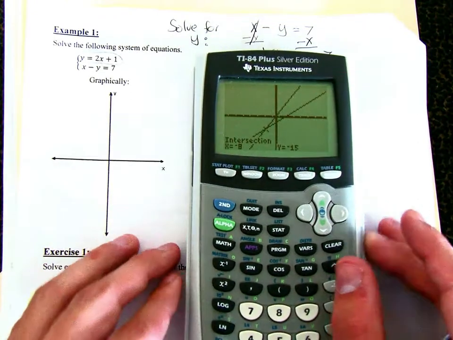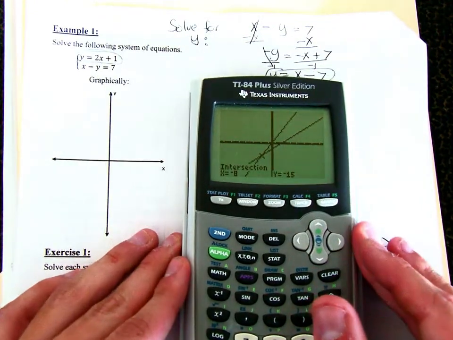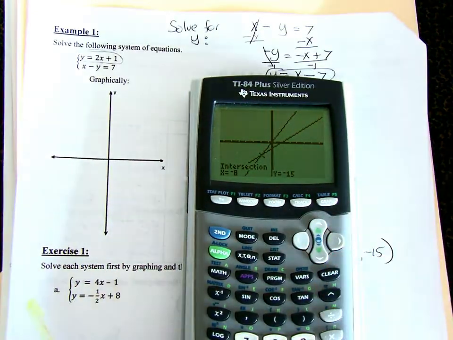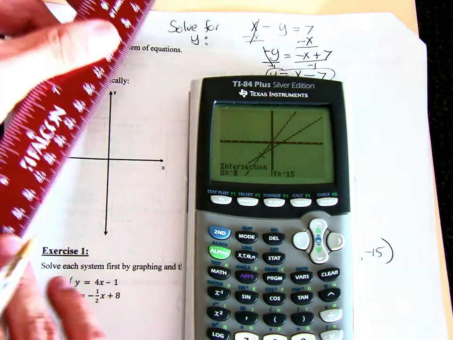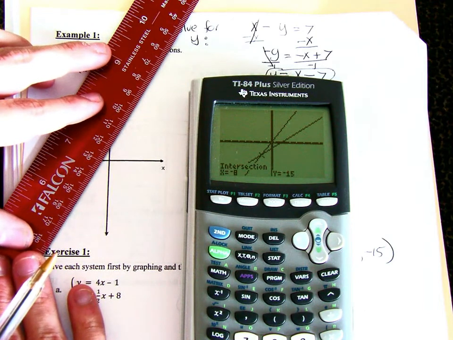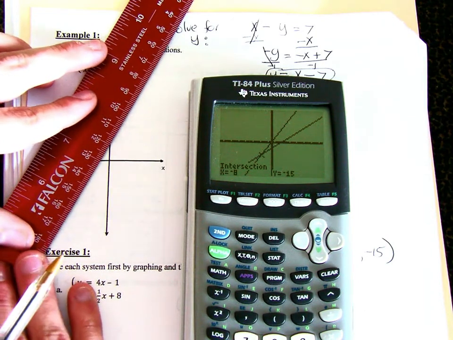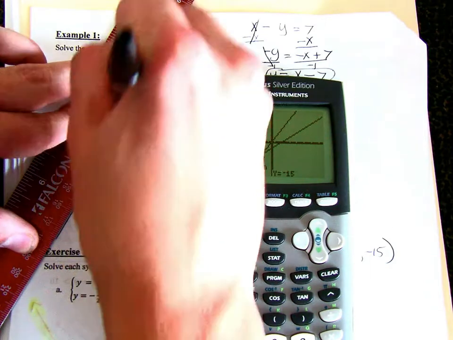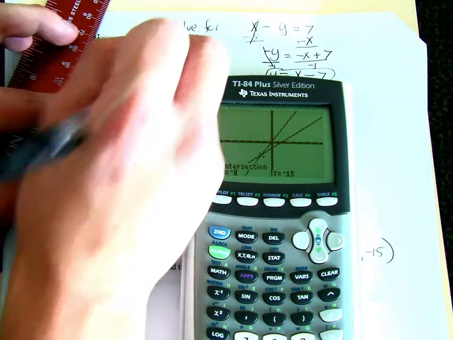So what I want to do is on my paper, I want to kind of sketch this graph here. So I'm going to sketch my first graph. It'll be about this line about right here.